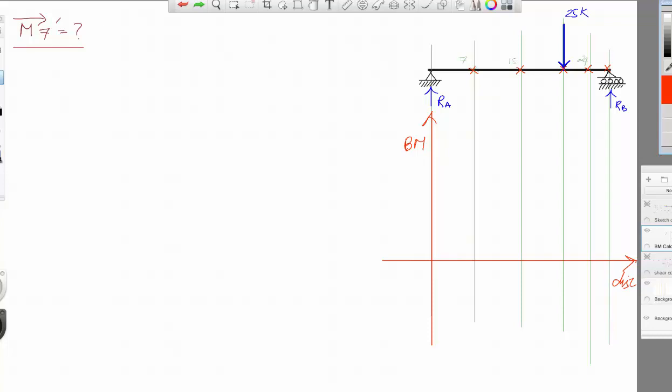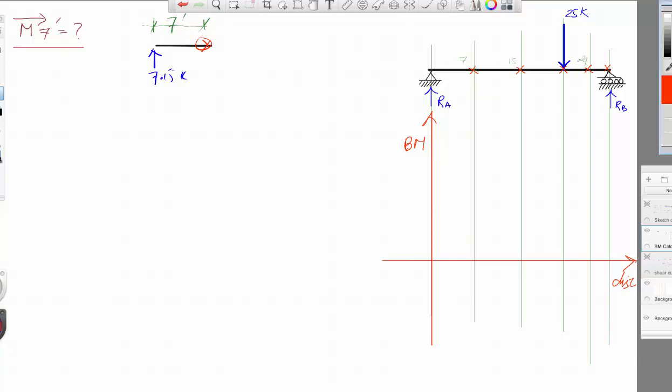So let's try with this. If you want, you can do this in a way to be easier. So this is the part that we are talking about. We're taking the moment at this point, and this point is a distance of 7 feet, and this force is 7.15 kips.